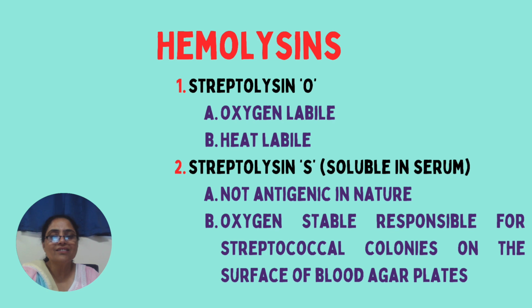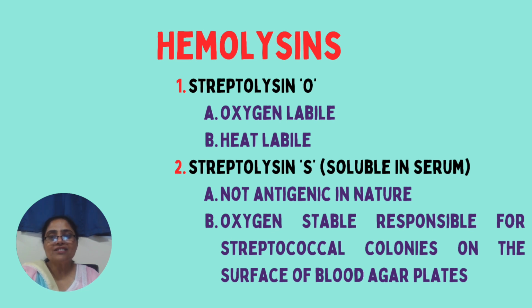One is hemolysins. As the name suggests, they lyse the heme part. Streptolysin O is one of the hemolysins, and it's an oxygen labile compound, and it is also heat labile. While streptolysin S is soluble in serum, non-antigenic in nature, and oxygen stable.